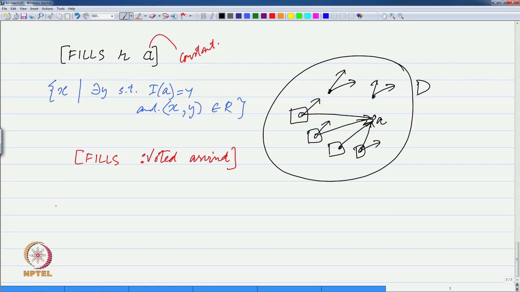And lastly, we have and d1, d2, dn. And let me just write the interpretation of it directly.